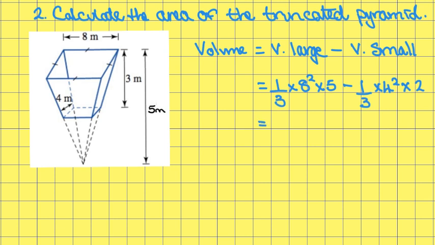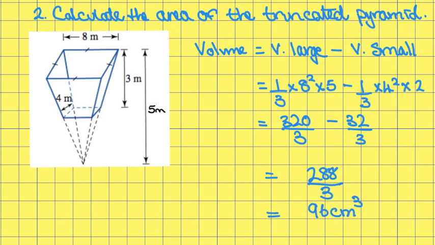That is equal to 320/3 minus 32/3, which is equal to 288/3, which is equal to 96 centimeters cubed.